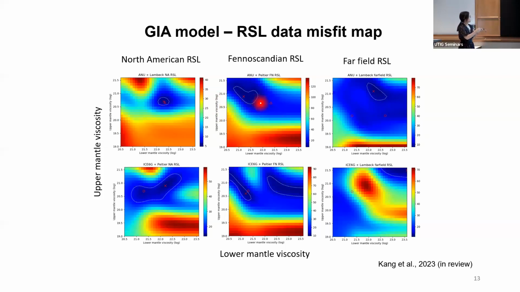But for the Venus-Gadian relative sea level data, the low misfit region is very broad. So it's not as good as the North American relative sea level data. And we found some problem for the ICG far field relative sea level data and model misfit here. I will talk about this problem later.